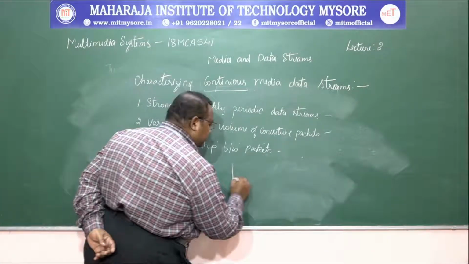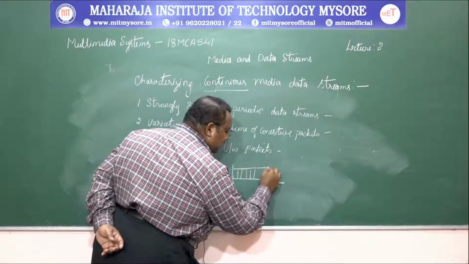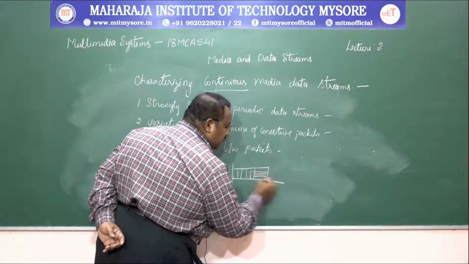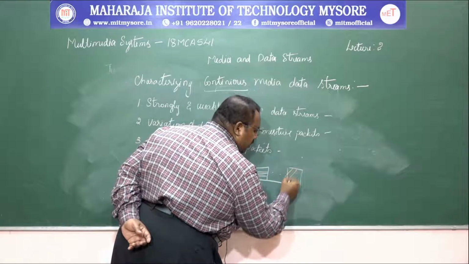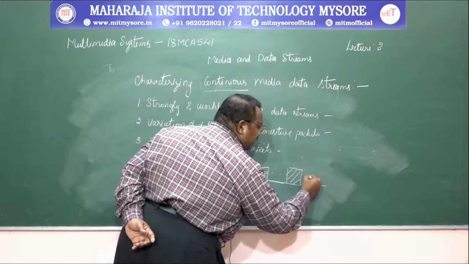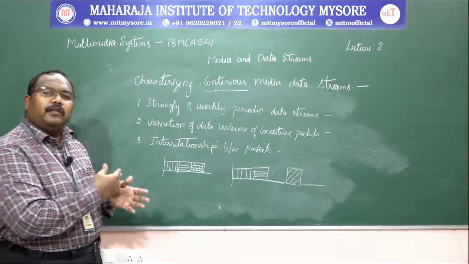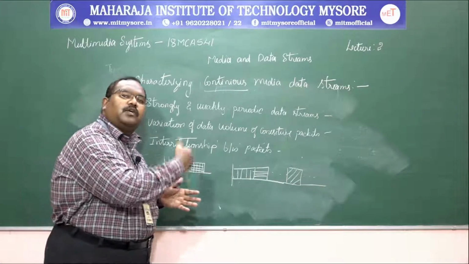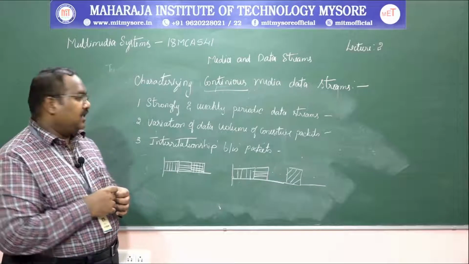Whereas the third one, there is one packet, there is a second packet, and there might be a gap. There might be one more packet, and again there might be a gap, and so on. Means there is no continuous connectivity between the packets with respect to one another. We call this as non-interrelated data streams.